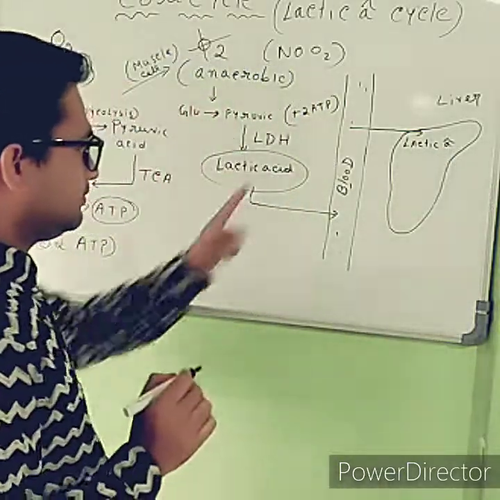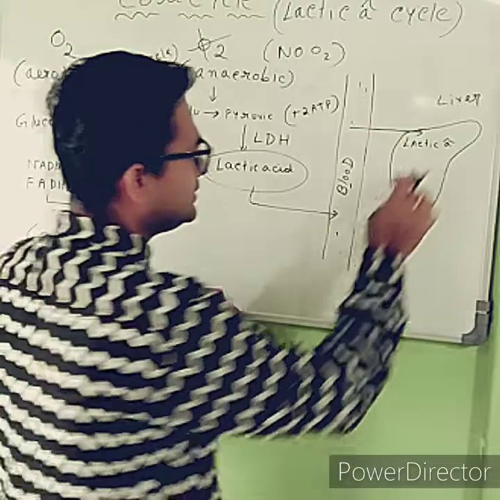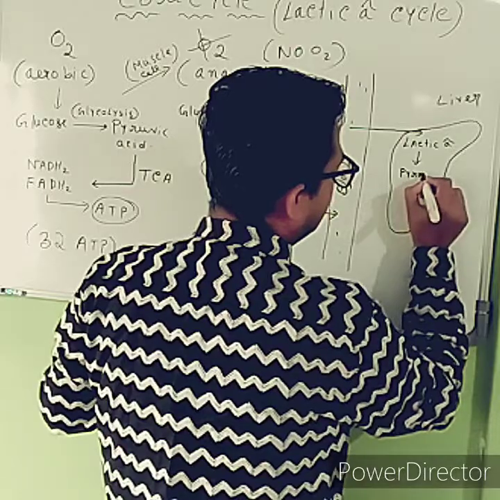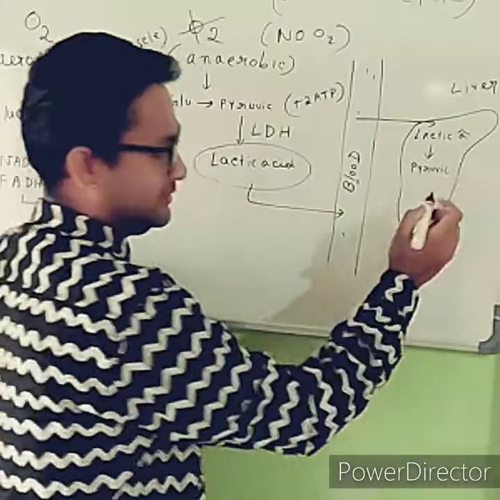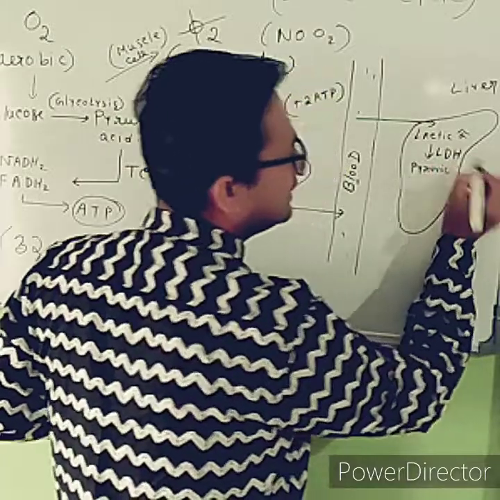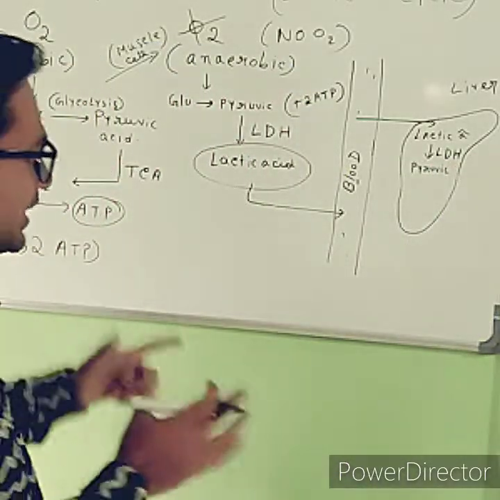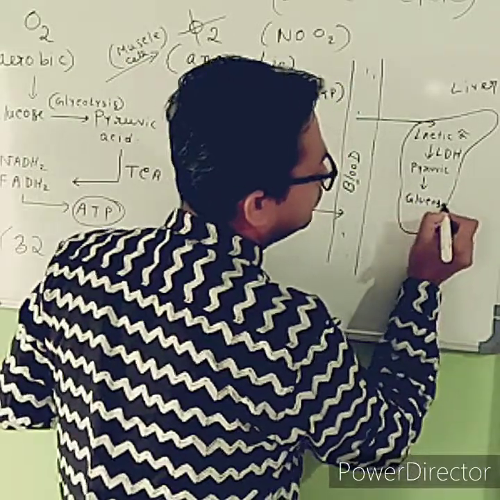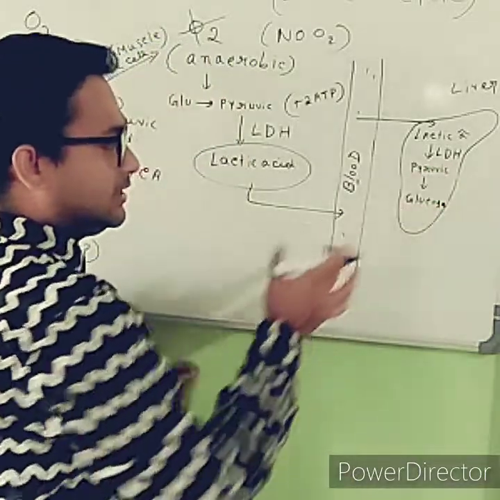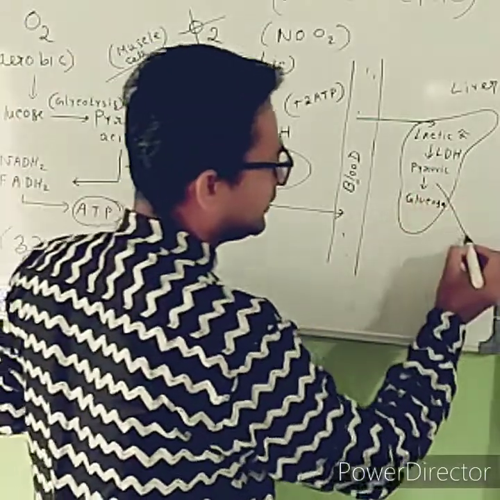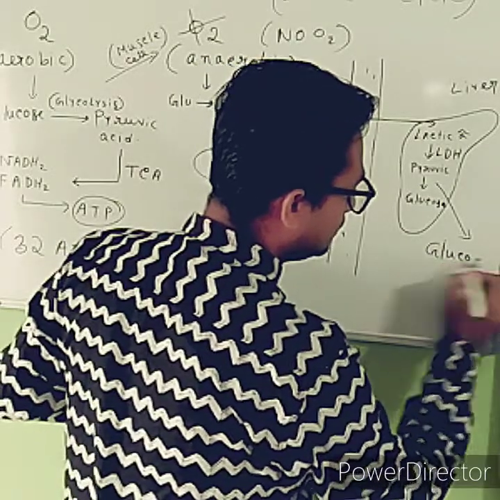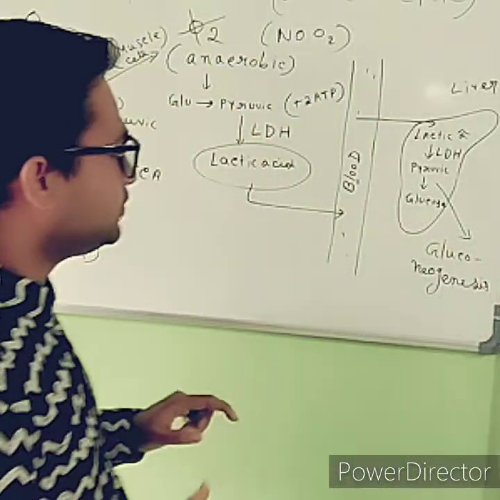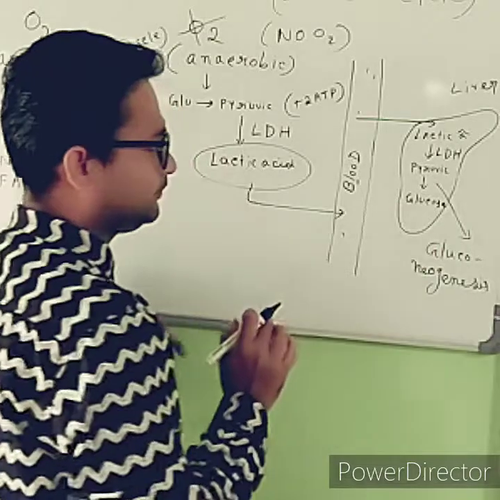In the liver, the lactic acid is converted into pyruvic acid by the same enzyme, lactate dehydrogenase, and then the pyruvic acid is converted to glucose. Glucose is produced from pyruvic acid, and this is called gluconeogenesis or neoglucogenesis.